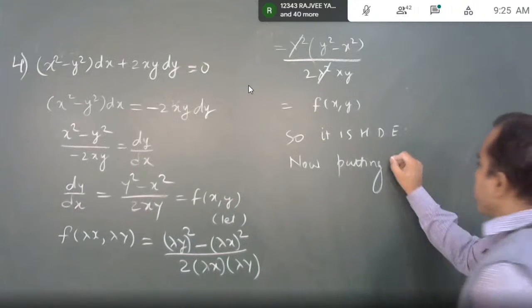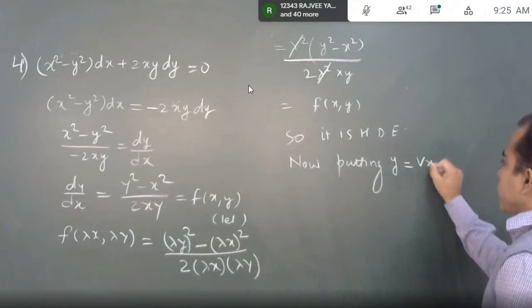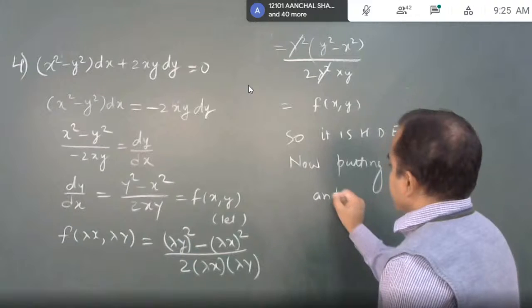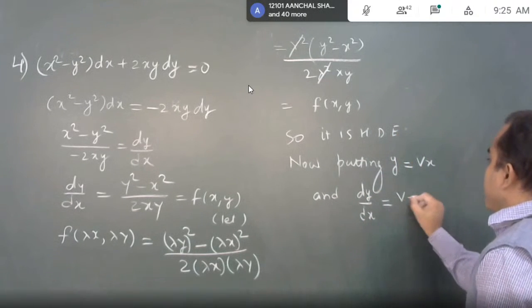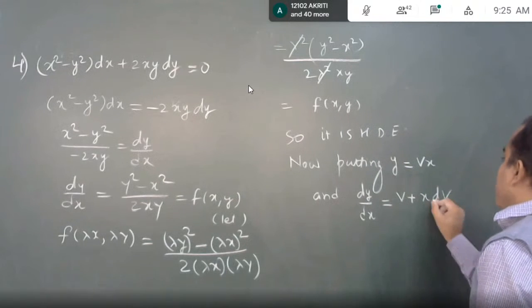Now to solve it, I have to put y equals to Vx and dy upon dx equal to v plus x dv upon dx.